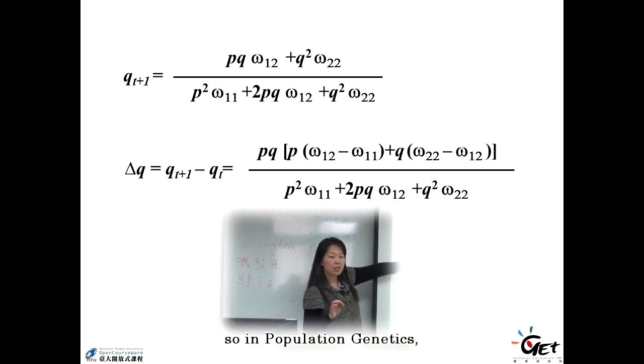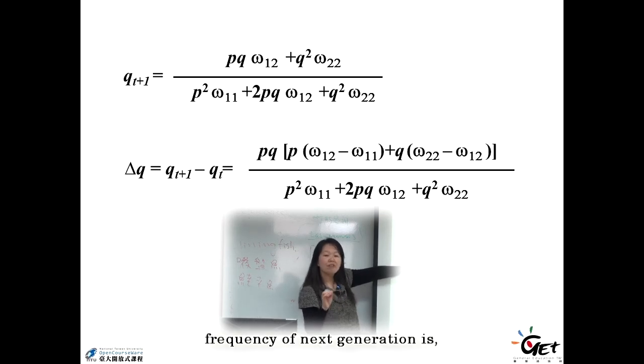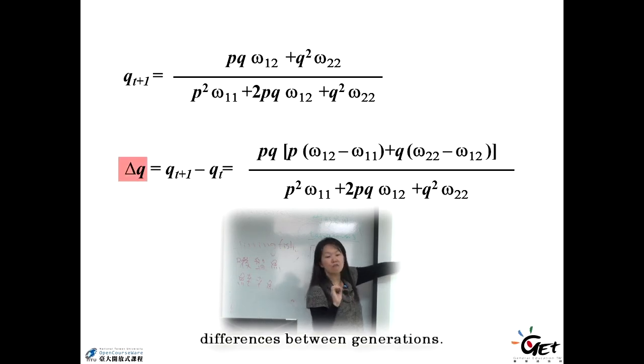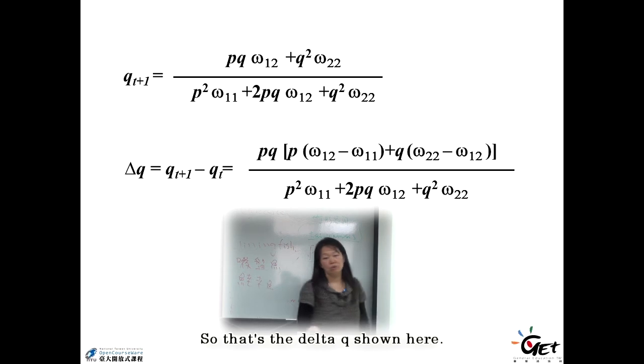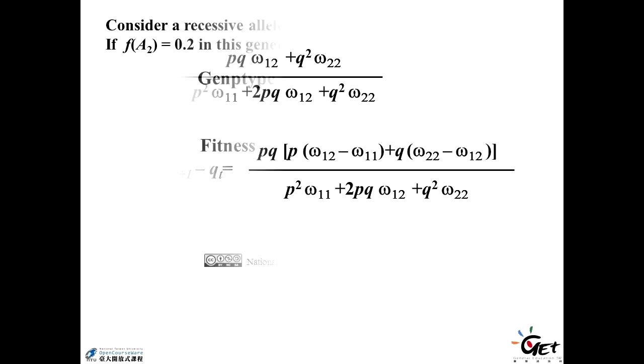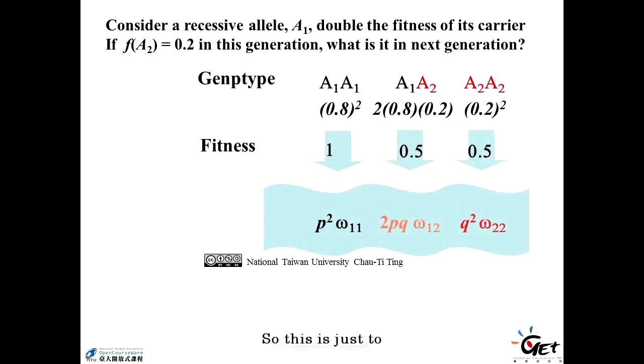In population genetics, we are not only asked what the frequency of the next generation is, we are also interested in the differences between generations, the changes over generations. That's the delta Q shown here. This just replaces all the P and Q with numbers, which look more familiar to you.